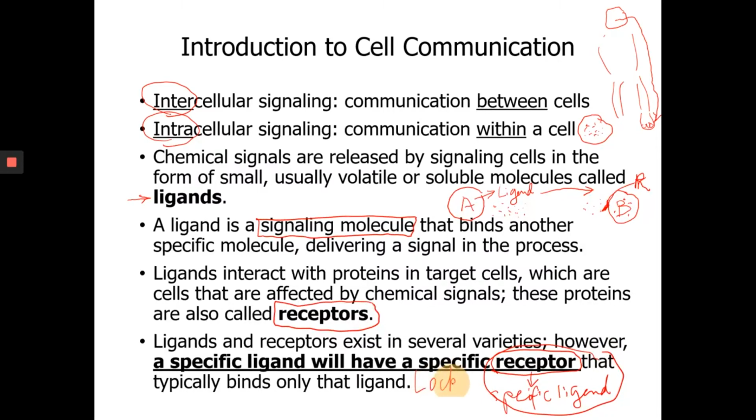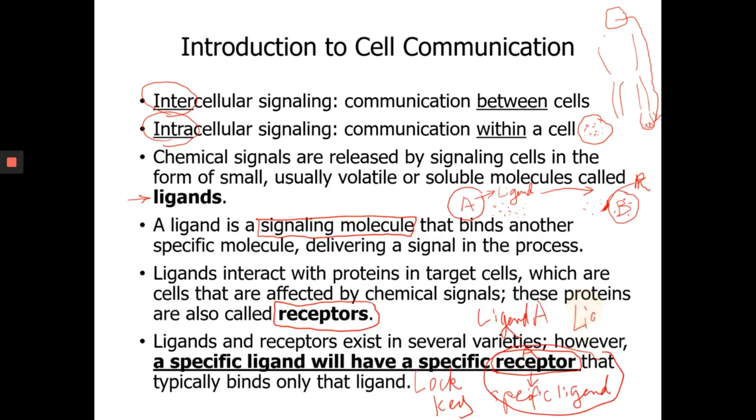Only the correct key can unlock the lock. So it's very, very specific. So let's say receptor A responds to ligand A. If they come together, that's going to trigger the correct response.